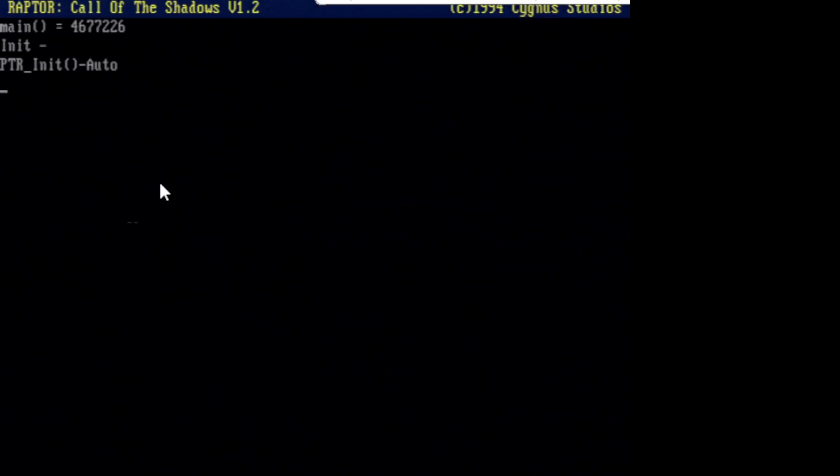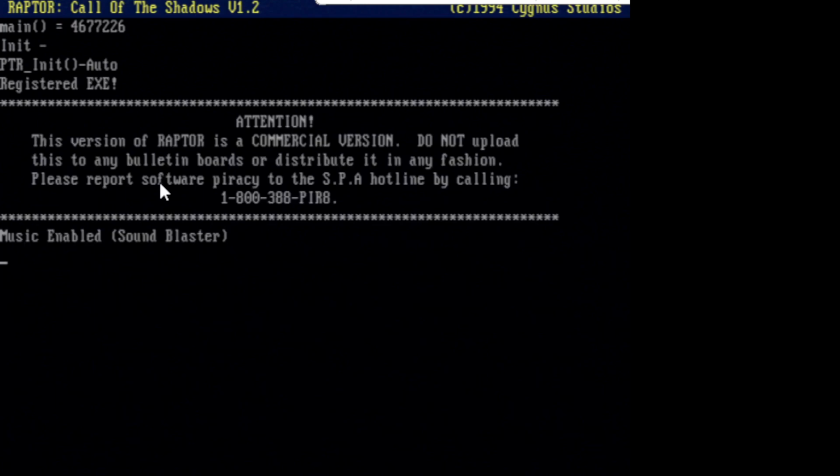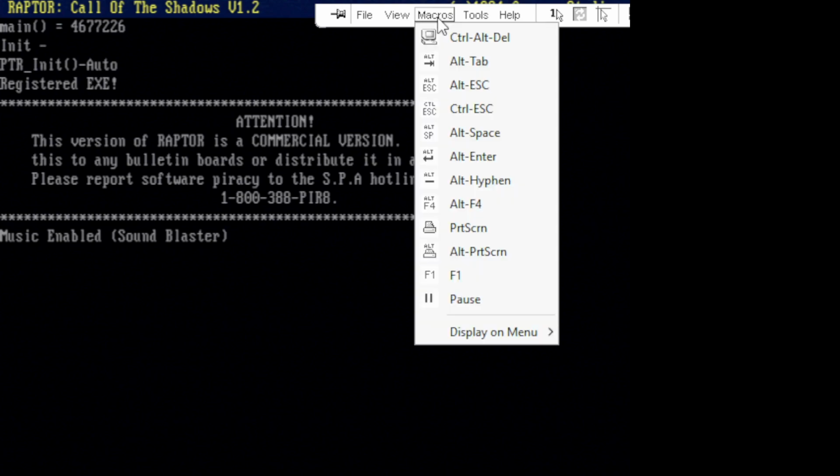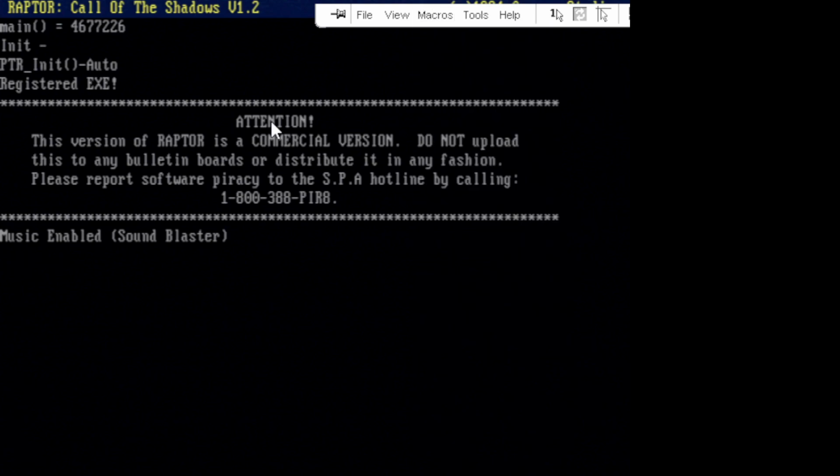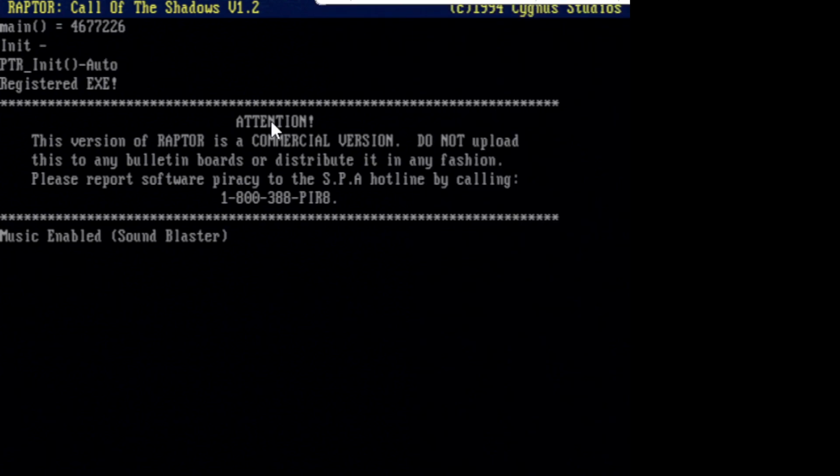I think it will crash, or something bad will happen. Yeah, it just hangs, freezes, and I can't control it. It's toast. So it's power cycle mode. So I will boot into the reference disk.